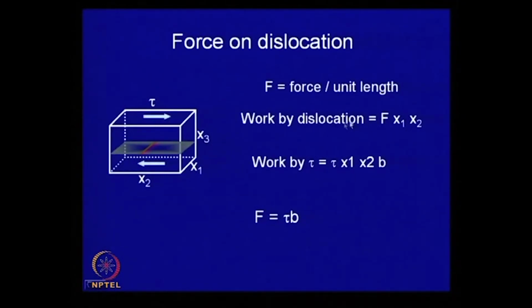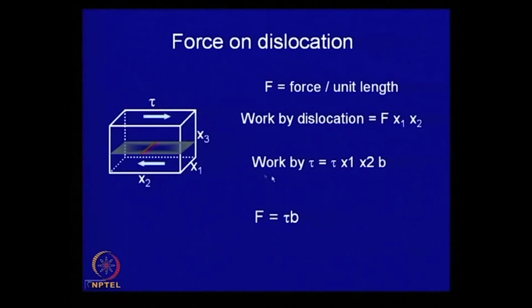This dislocation lies along axis x 1, so its length is x 1. So, the force on the dislocation is F times x 1, and the displacement it undergoes when it moves through the slip plane is x 2. So, this is the work done by the dislocation.